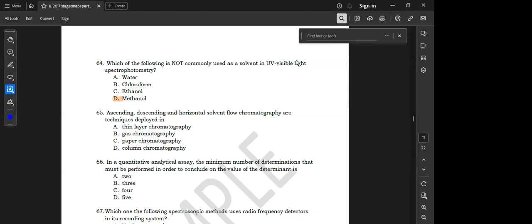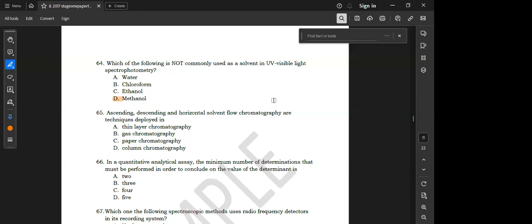Ascending, descending, and horizontal solvent flow chromatography are techniques deployed in thin layer chromatography, gas chromatography, paper chromatography, and column chromatography. Yeah, so let's start discussing, bring the answers in. Hannes says column.